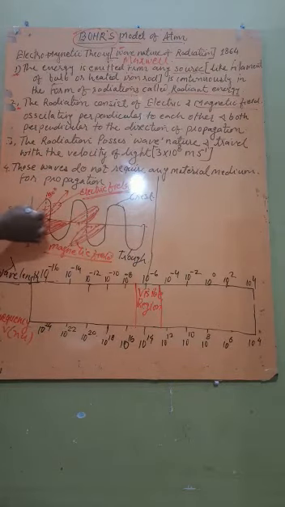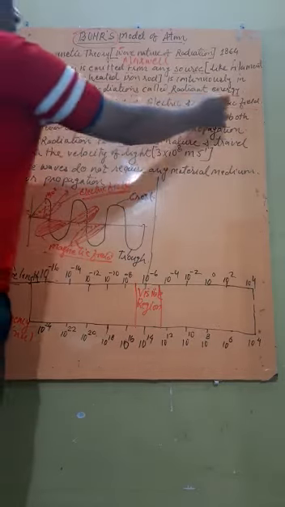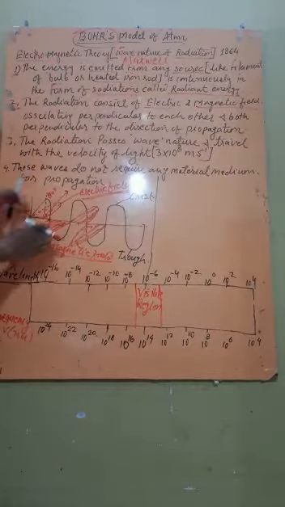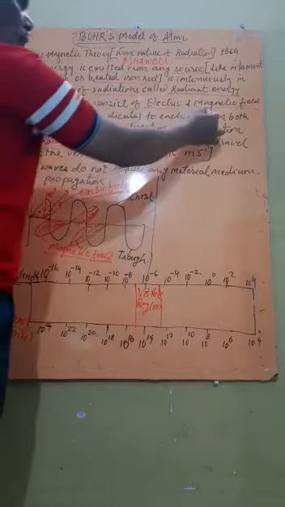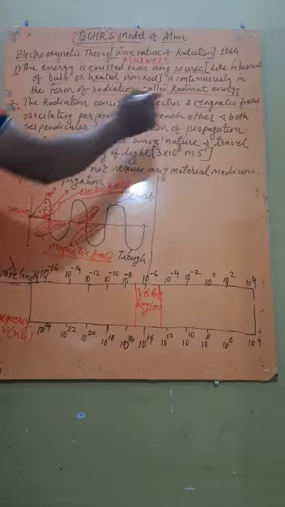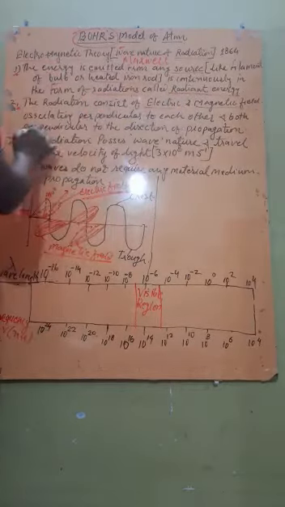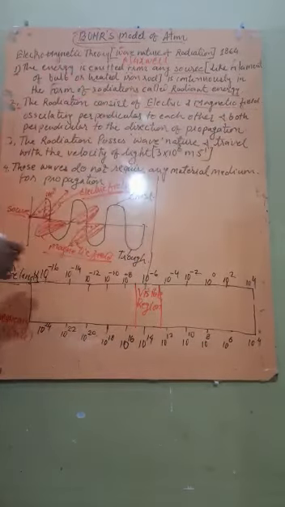So this shows the propagation of radiation. The radiation consists of electric and magnetic fields. This is the electric field and this is the magnetic field, oscillating perpendicular to each other. Look, its oscillation is shown here, perpendicular to each other and both perpendicular to the direction of propagation.